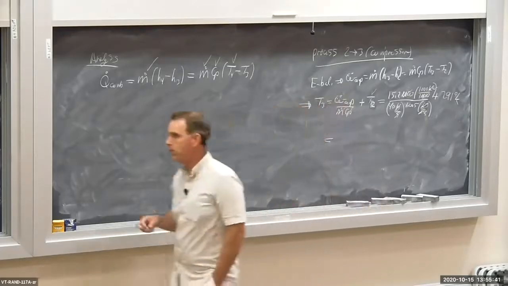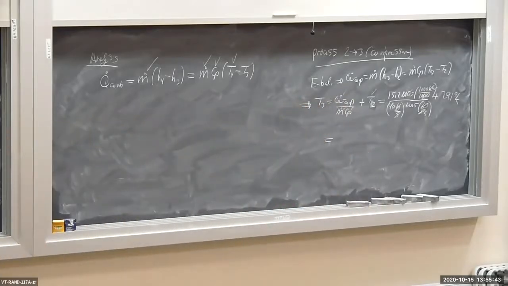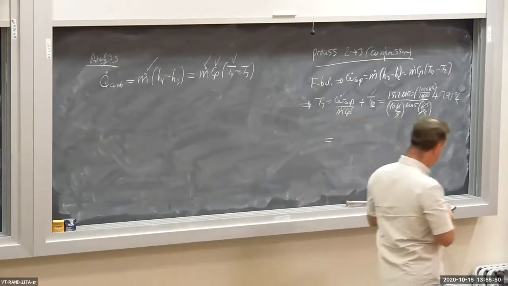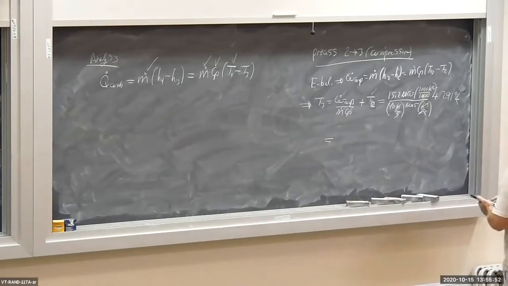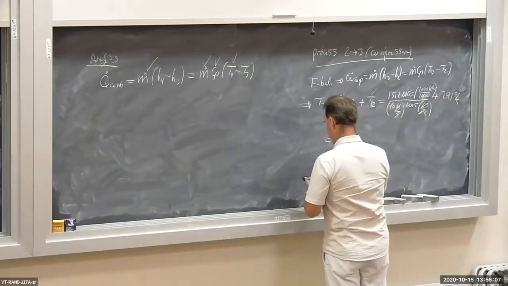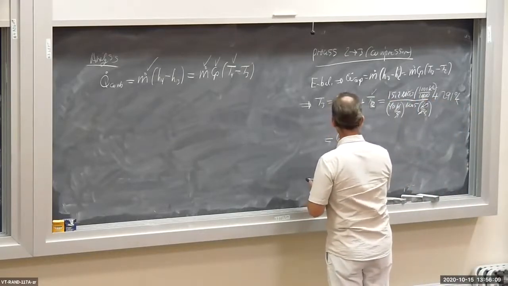15,200 divided by 40 divided by 1.005 plus 291. And I get 669 degrees Kelvin.